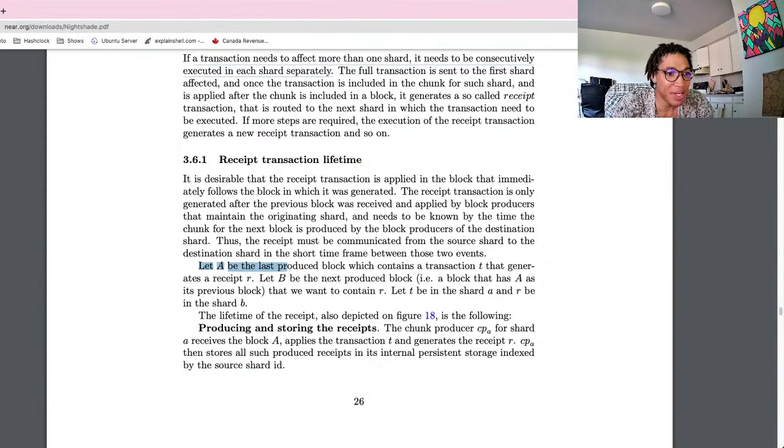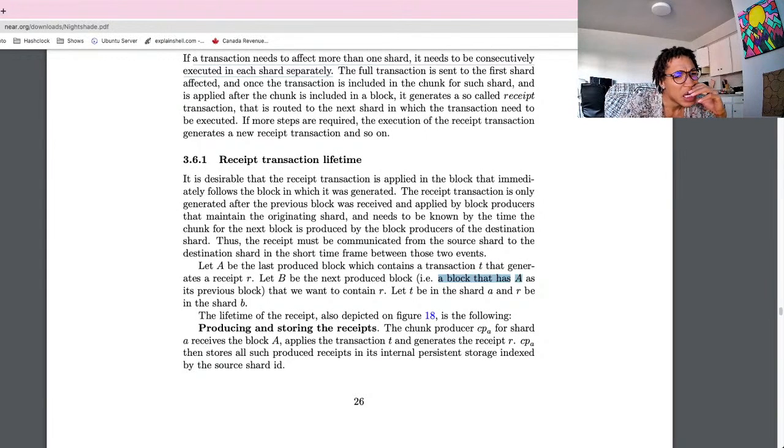Let A be the last produced block, which contains a transaction T that generates a receipt R. Let B be the next produced block. So you have block A, block B, i.e. a block that has A as a previous block, that we want to contain R. We want this receipt to be in B so we can cross shard.